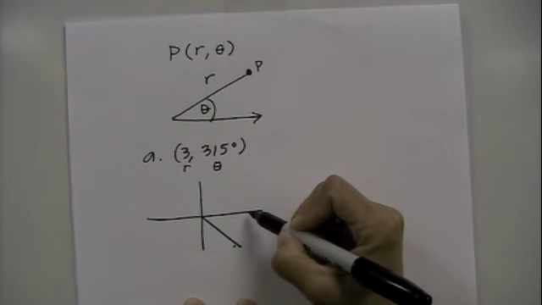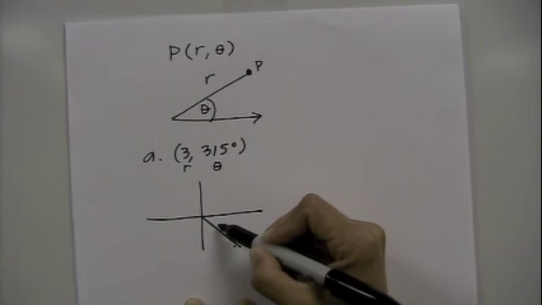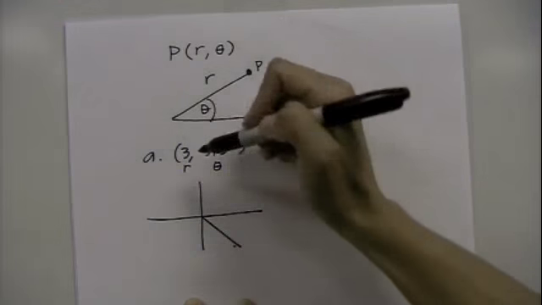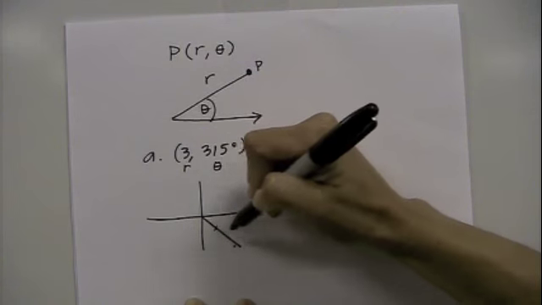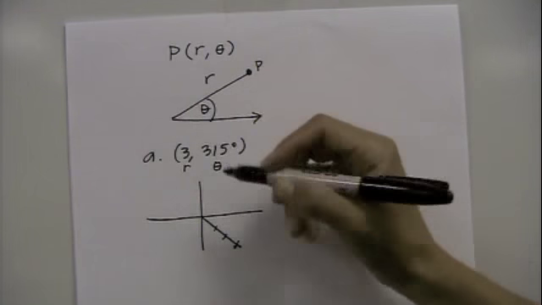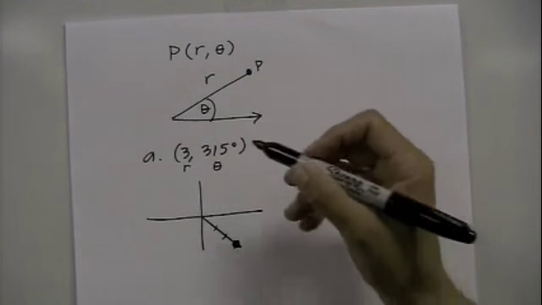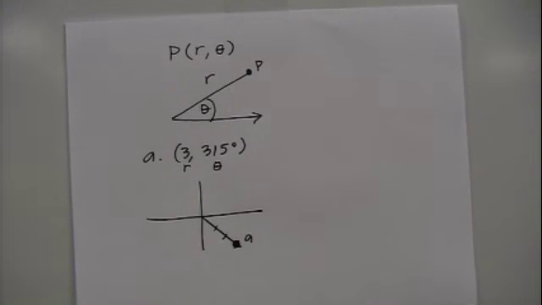Again, if you go all the way around, that's 360. 315 is 45 degrees shy, so that leaves a reference angle of 45 degrees. And then you're going to go out a length of 3. So if I just say we're going out 3 units out, then it plots this point right here. And again, that would be plotting that point, point A. It's at 3, 315 degrees.